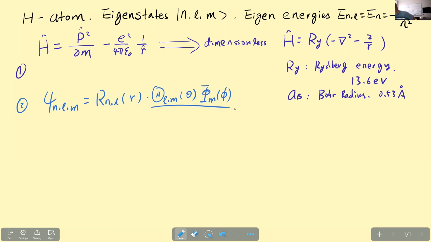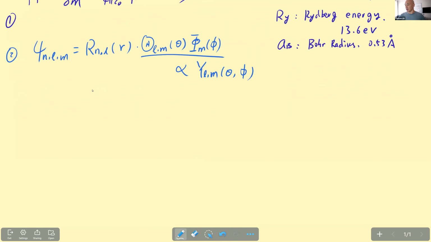The angular part is proportional to the spherical harmonics, and R_nl is the radial part. In general, it can be written as R to the power L. So if L is not 0, it goes to 0 at R equals 0, and then you have 1 plus a1 R plus, until the last term, which is to the power n minus L minus 1.